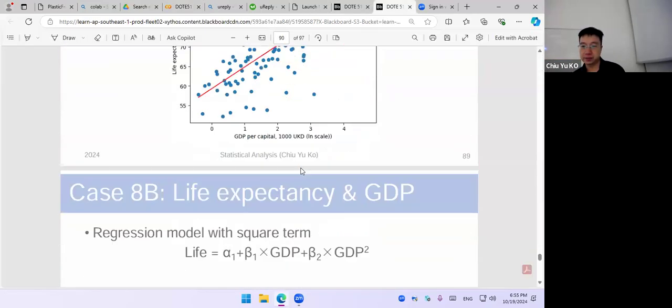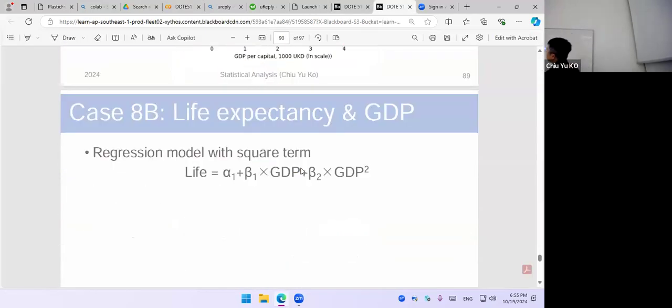It is called the square. Okay, probably if you recall what you learned in calculus, any shape of function, as long as it is continuous and differentiable, right, can be approximated by a polynomial.